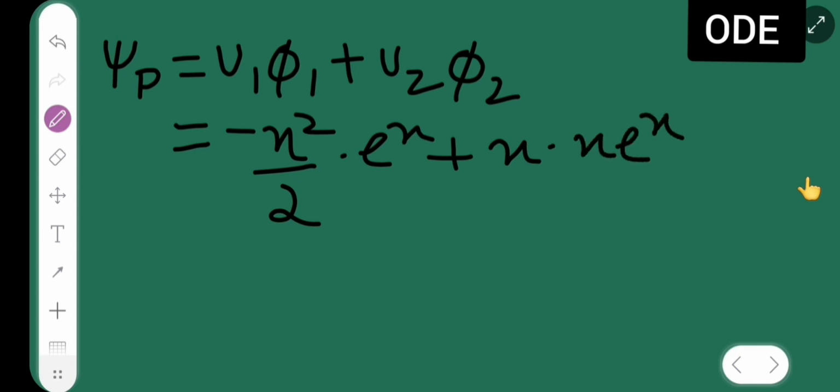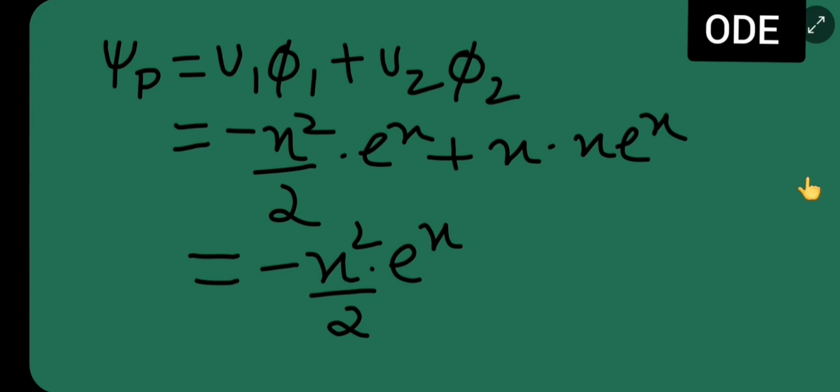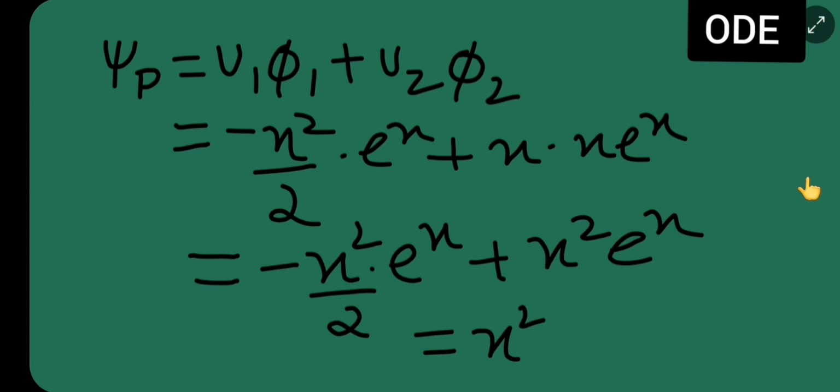So what I am going to get is minus x square upon 2 into e raised to power of x plus x square e raised to power of x. Now e raised to power of x is common, no? So finally I am going to write it as x square e raised to power of x upon 2.